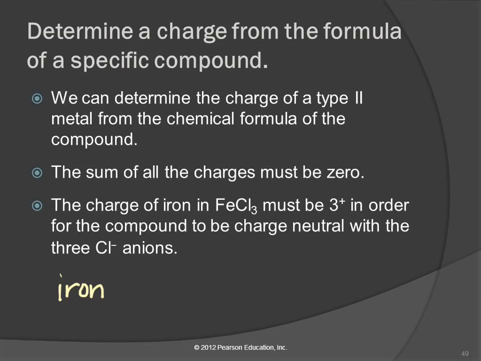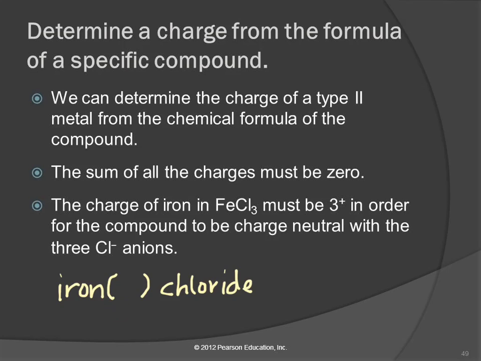No. Therefore, it needs a Roman numeral. So I'm just going to put the parentheses there and leave some space for the Roman numeral and continue on with the rest of the name. Chlorine changes the ending of its name to chloride. So this is iron something chloride.